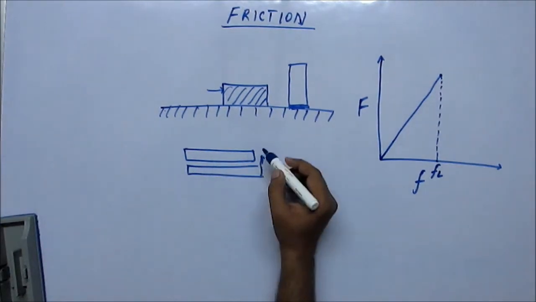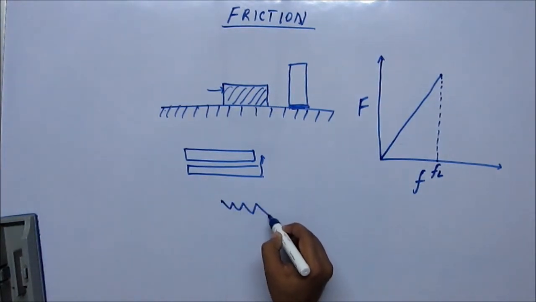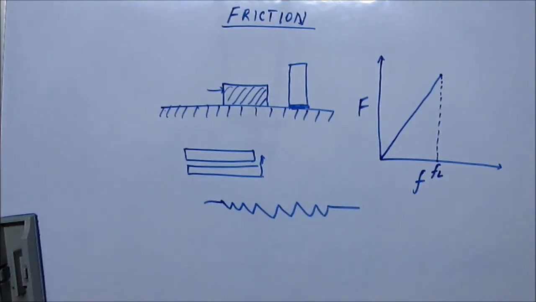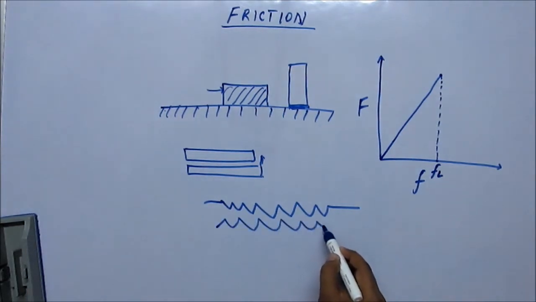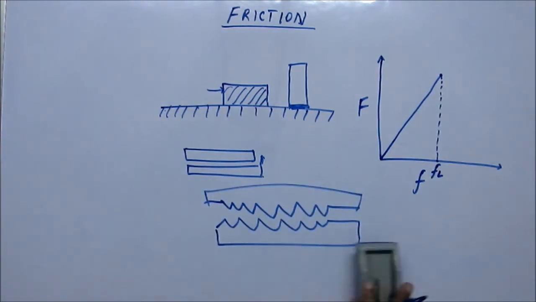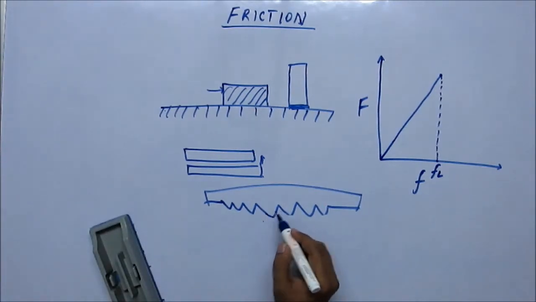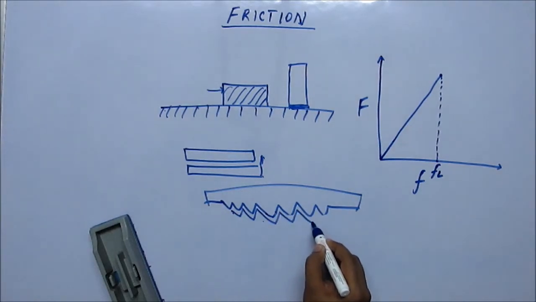The lower surface of the upper block at the microscopic level will have irregularities like this, and the upper surface of the lower block will also have irregularities like this. When they are kept in contact, the peaks get into each other and form an interlocking.